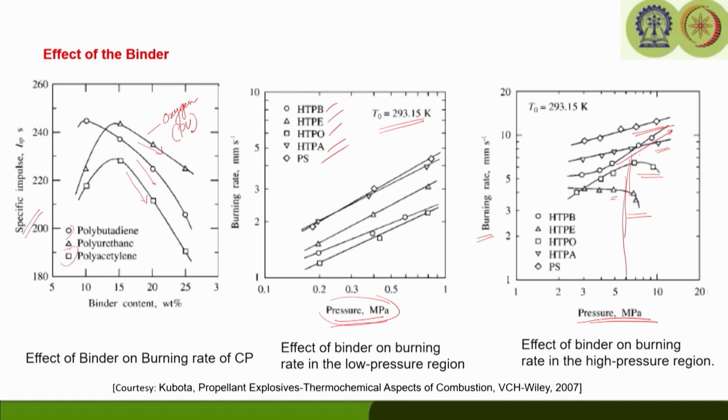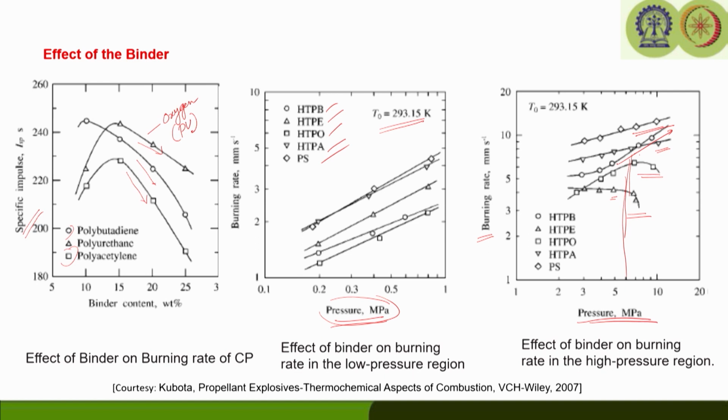This is a very important consideration, that this is going to show some kind of mesa burning trend. Once we go beyond like 3 MPa, it is going to show some kind of decrease in burn rate. If you recall, we talked about the normal burning, mesa burning and plateau burning.